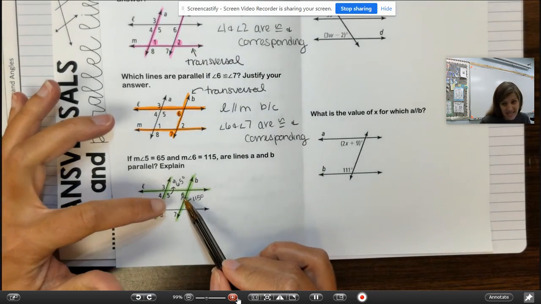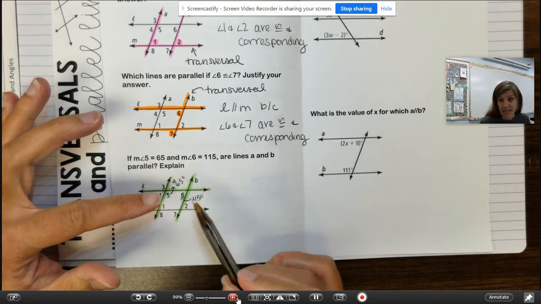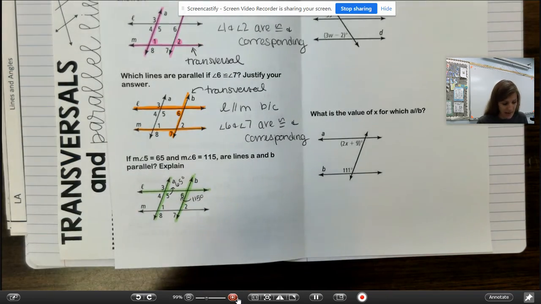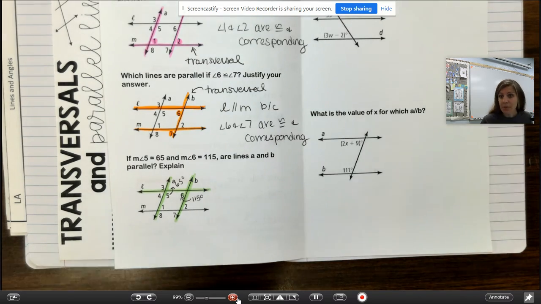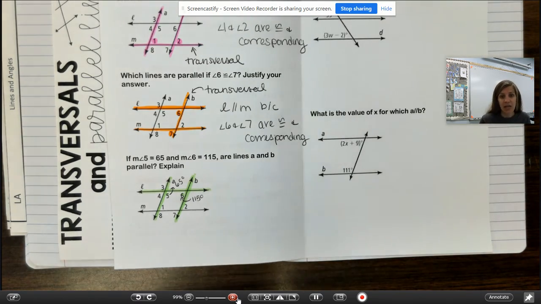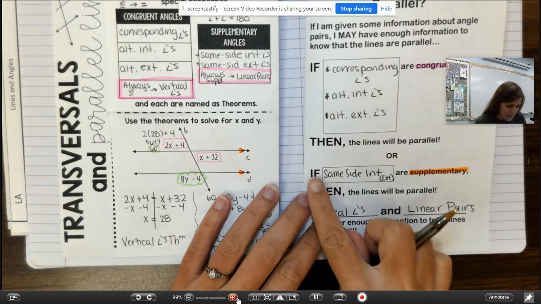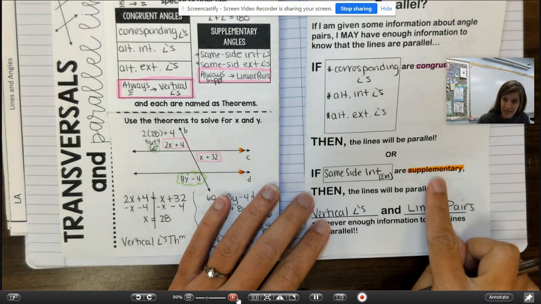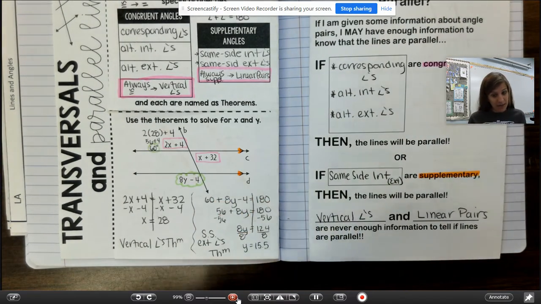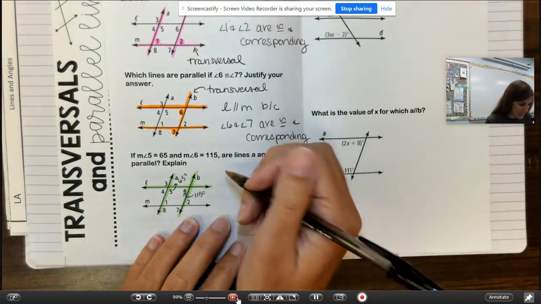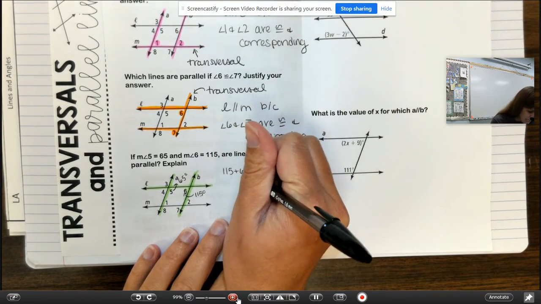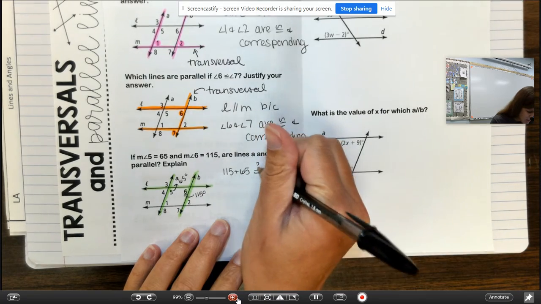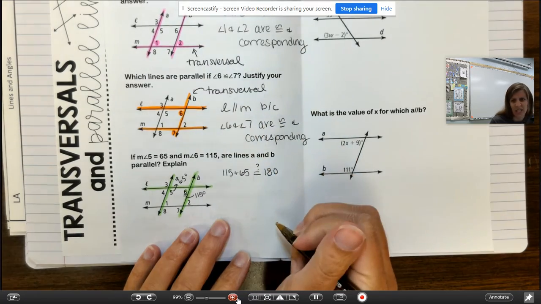Well, 5 and 6 are same side interior angles. And so if they add up to equal 180, if they're supplementary, then the lines should be parallel, because that's what's true here. So I have a pair of same side interior angles. The question is, are they supplementary? So if I do 115 plus 65, is that 180? I don't think it is.